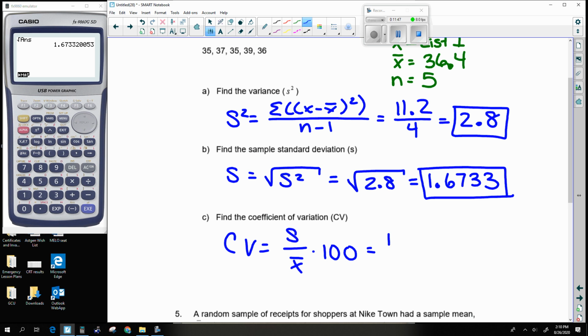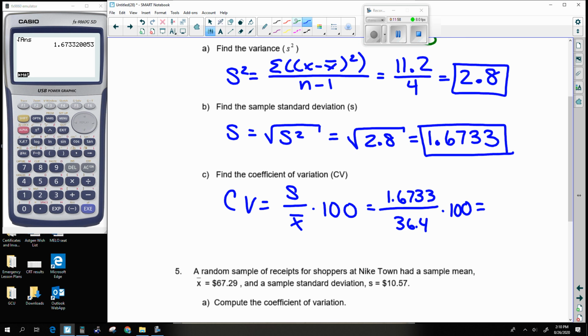Coefficient of variation is going to be s divided by x bar times 100. So again, just like when I did part B, I didn't actually type in 2.8. I could have, and it wouldn't cost me anything, but what I did is I used the answer option in my calculator. Just like the numerator here, I'm not going to type that in. I'm going to use the answer option in my calculator.